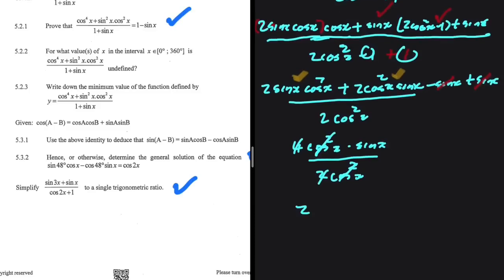So we are only left with 2 sine of x, and this is the expression we are given as a single trigonometric ratio.